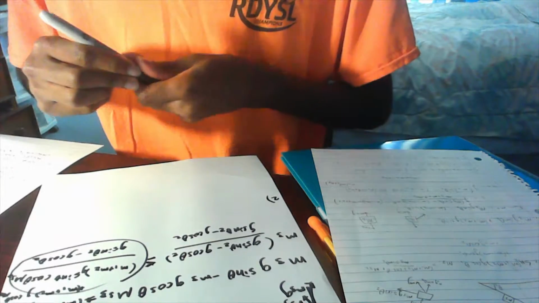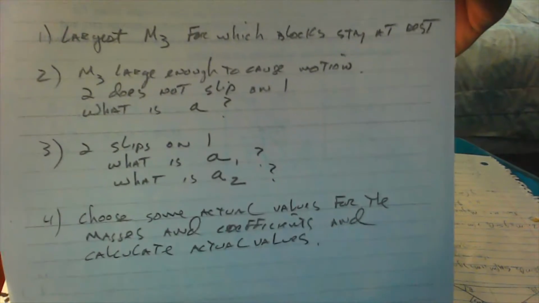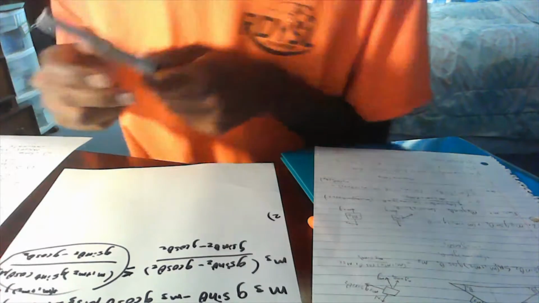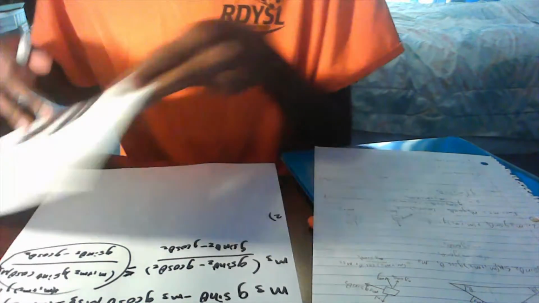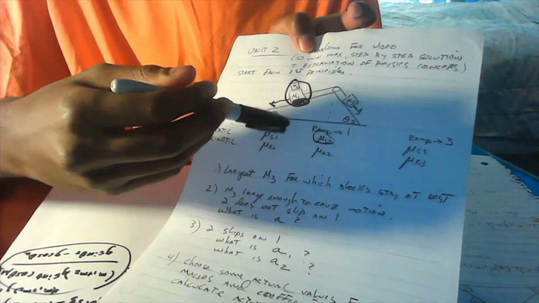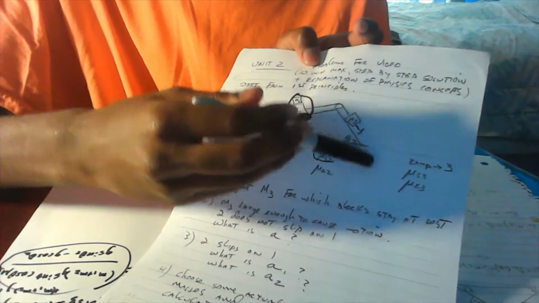Part 2 is asking the opposite: M3 large enough to cause motion. So it's the same process, except the force of gravity on M3 acting here, as I showed before, is going to have to be greater. It has to overcome these retarding forces over here so that it will cause motion in this direction, down the slope.